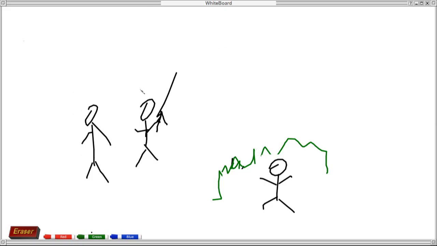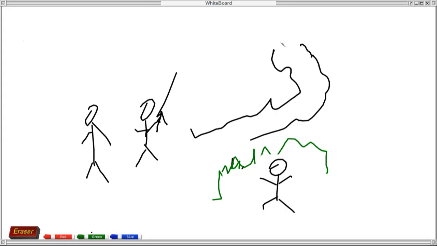He wants to alert the people, but this guy doesn't want them to find out. Let's say this is a road all the way over here to whatever tower or place, and there's people here. So what would he do?